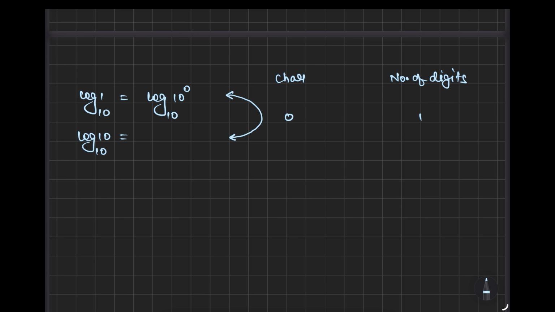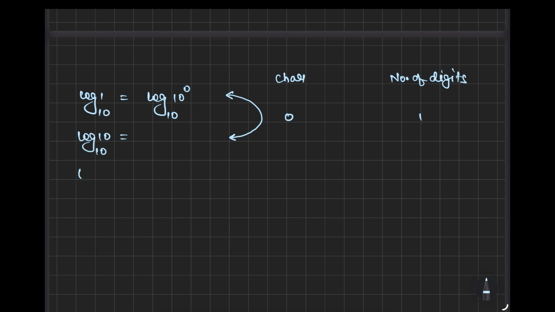You know log 2 is 0.301. At 10 the value of log becomes 1. So before 10 it will always give you 0 point something, its characteristic is 0 and the number of digits is 1.